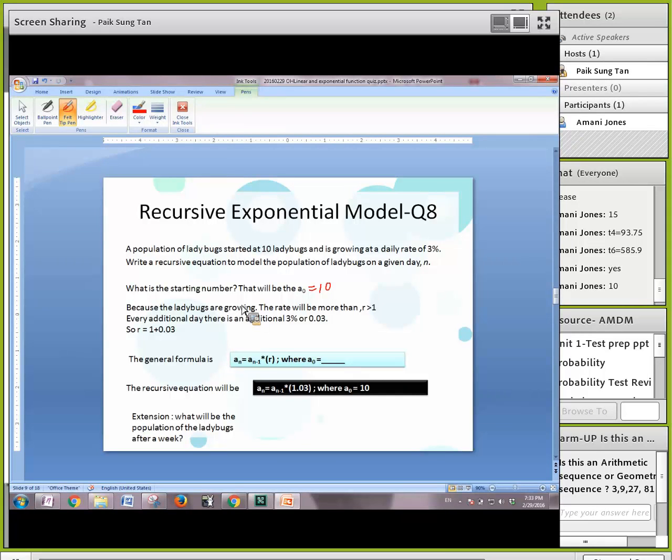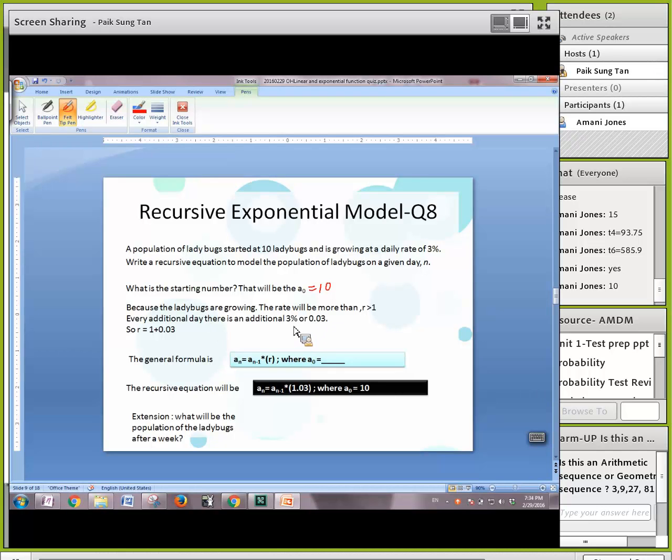If r is less than 1, meaning things are decaying or slowing down, okay? Because r is the number that you multiply to get to the next number. If you multiply by anything less than 1, you are actually dividing it, which is not growing, it's decaying.